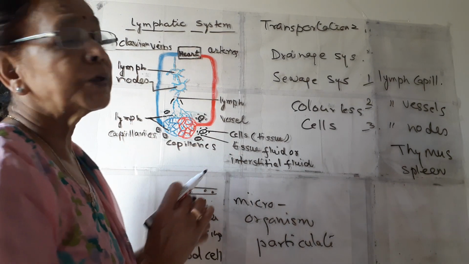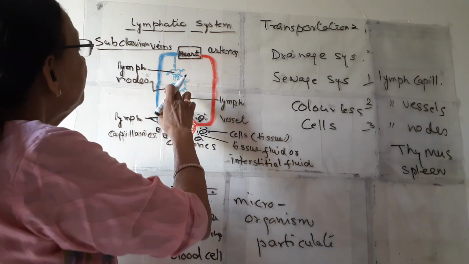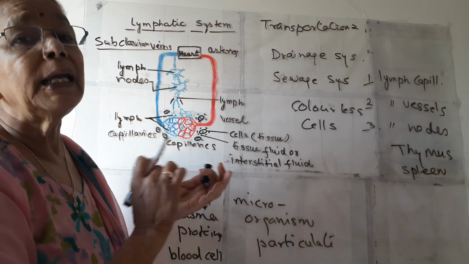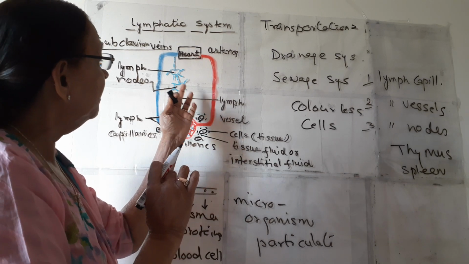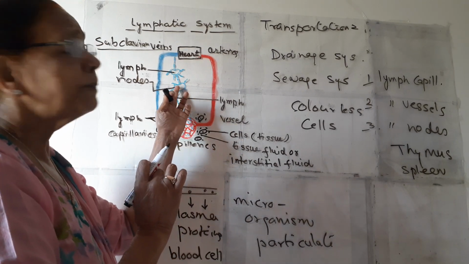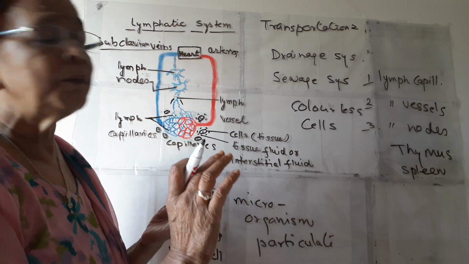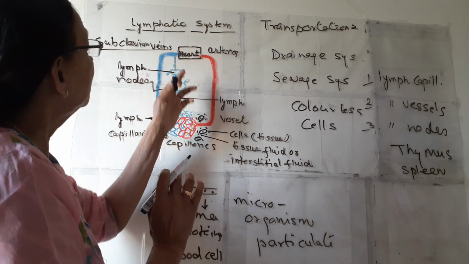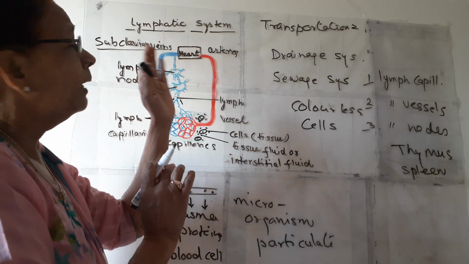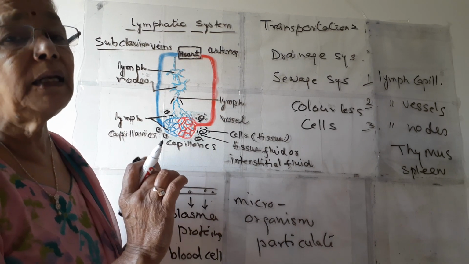Then why is this process going on? Because when this lymph comes to the lymph nodes, it is filtered there. The lymphocytes which are present inside the nodes kill all the harmful microorganisms, and the waste does not come into the blood, and clean blood comes to the subclavian veins.